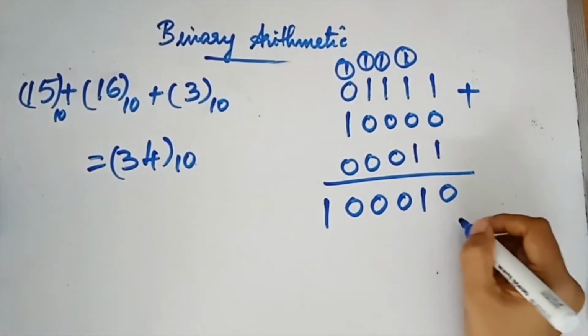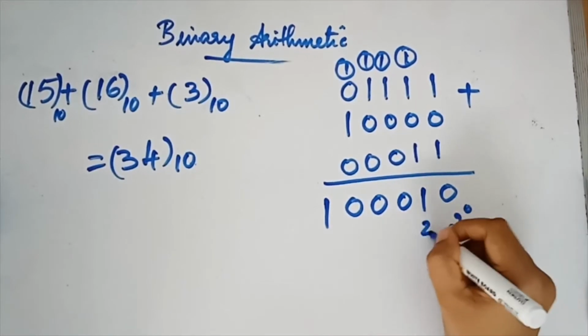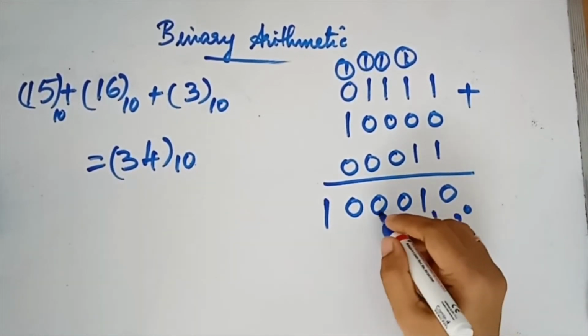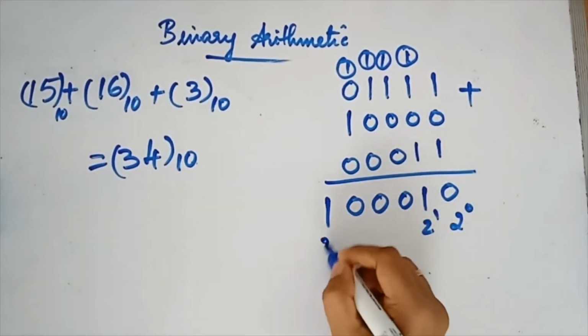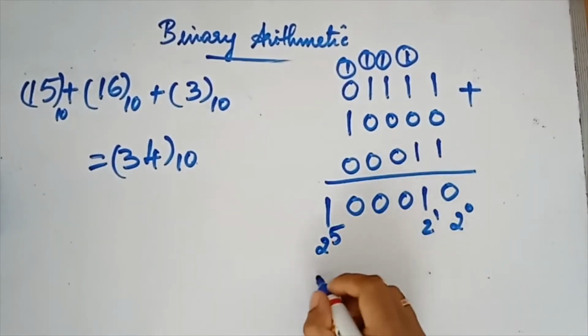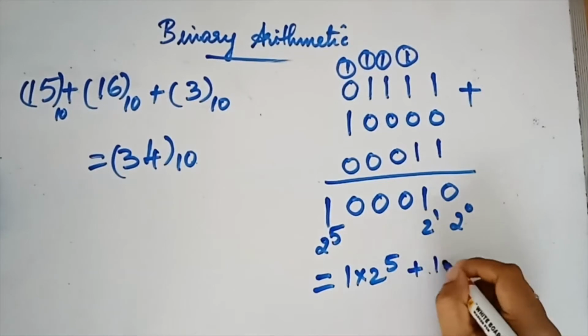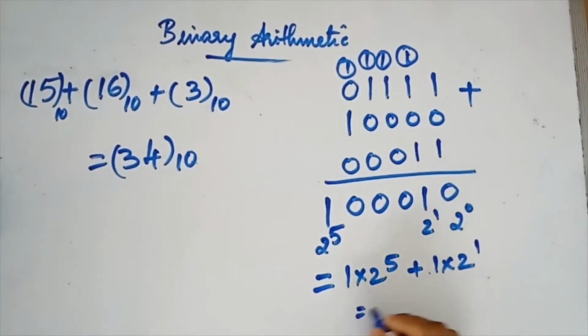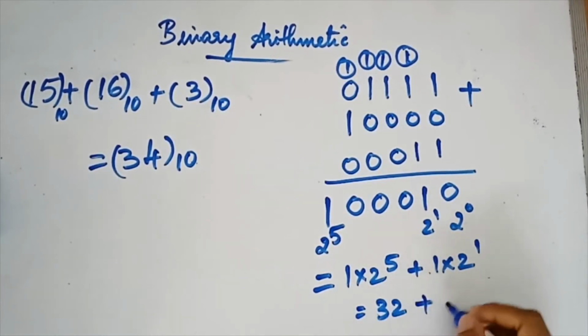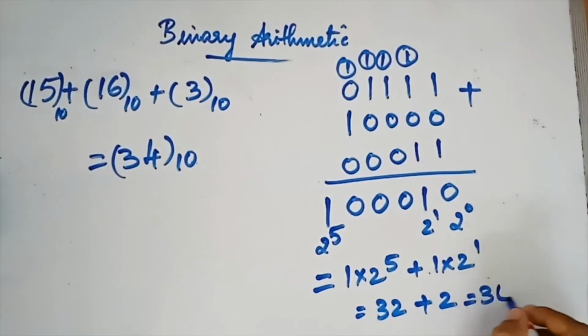And here you can see that it is 2 raised to 0, 2 raised to 1, 2 raised to 2, 2 raised to 3, 2 raised to 4, 2 raised to 5. So the answer is 1 into 2 raised to 5 plus 1 into 2 raised to 1, that is 32 plus 2, that is 34.